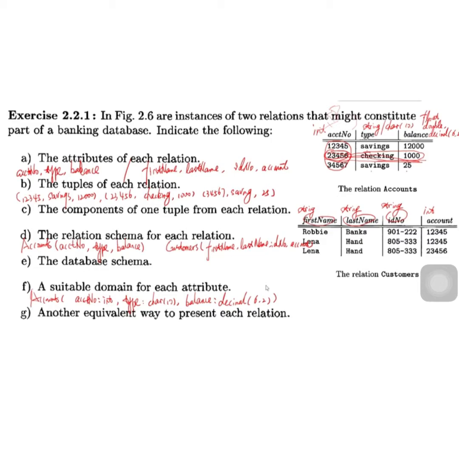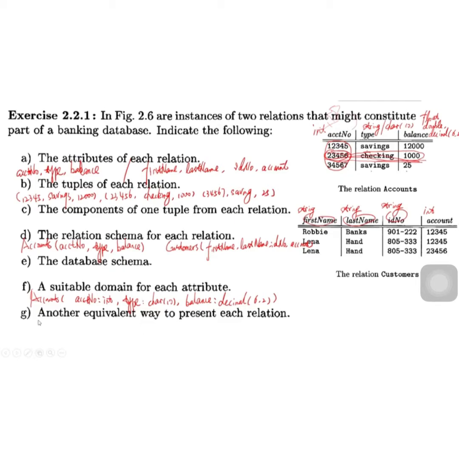The last one. Another equivalent way to present each relation. We already know if we reorder the attributes of a relation, the relation will not be changed. It's an equivalent way to present this relation. And we can also reorder the tuples, and then the relation will not be changed.